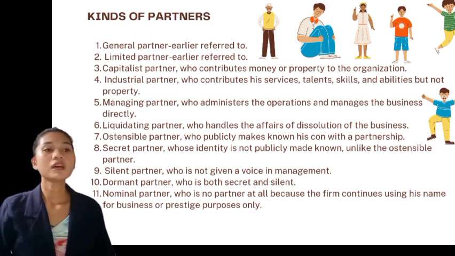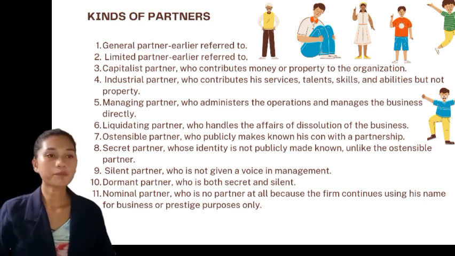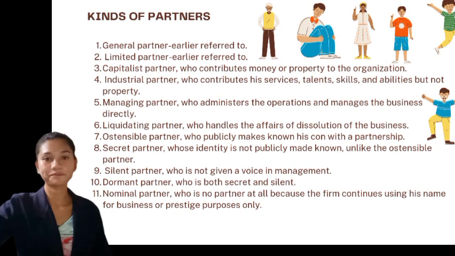So the tenth is dormant partner who is both secret and silent. Then the last is the nominal partner who is no partner at all because the firm continues using his name for business or prestige purposes only.